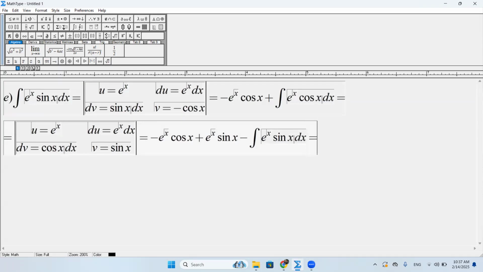So what do you see now if you look attentively at this integral that we received? So look at it attentively. What happened?